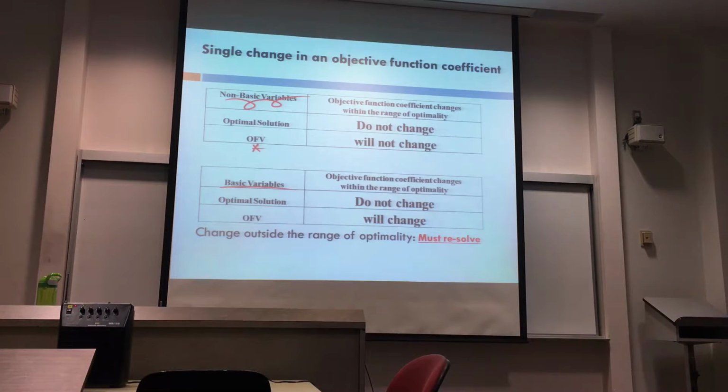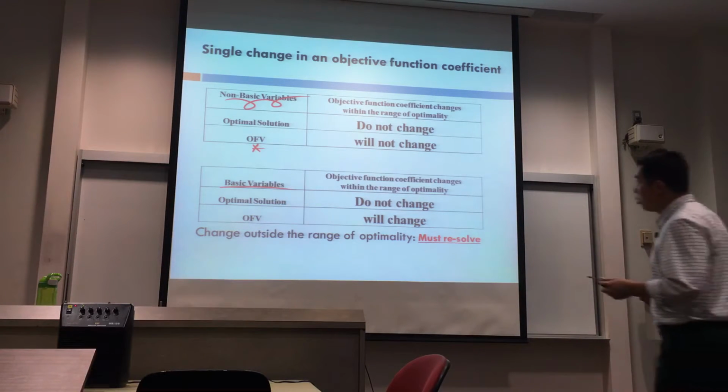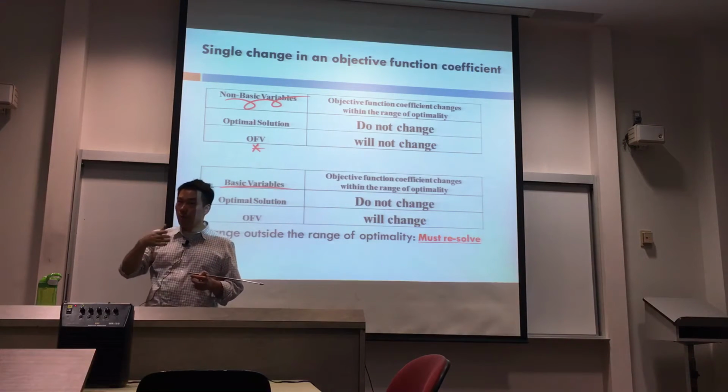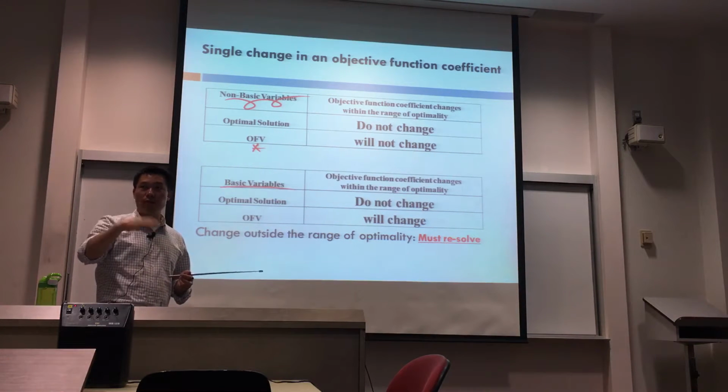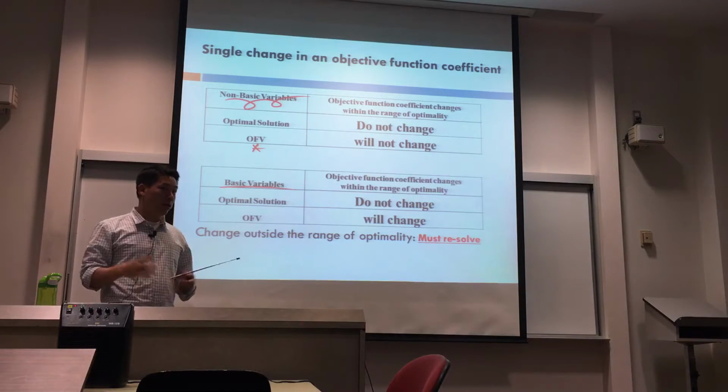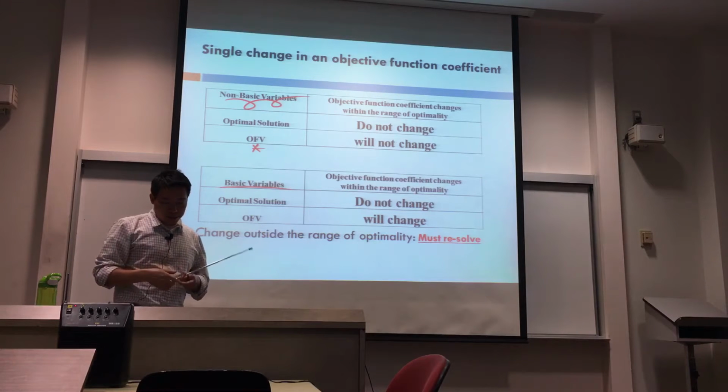In the example before, we decided we're not going to make the Catcher-Smith because the coefficient is too low, so it's not sufficient profit. So there's no point in making it. That's right. So the OFV is not changing because they are non-basic variables. That means at optimality, the value is 0, right? If the value is 0, if you change the coefficient, you're not going to change anything, right?